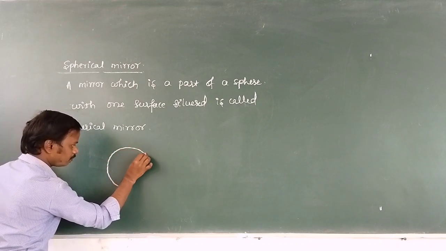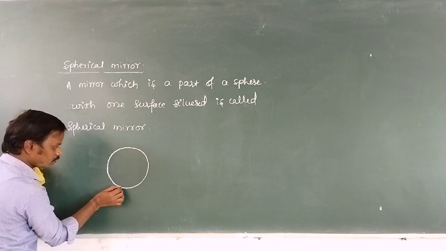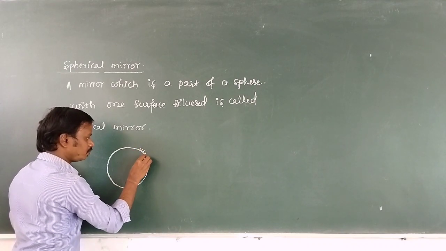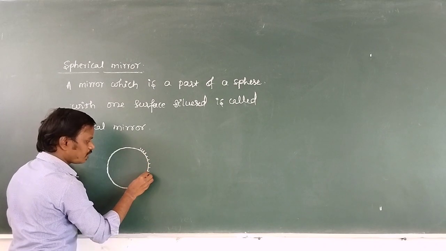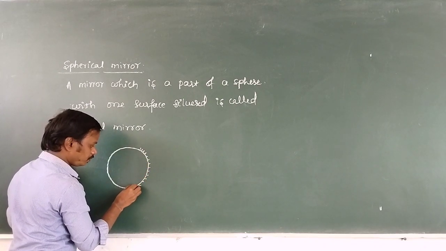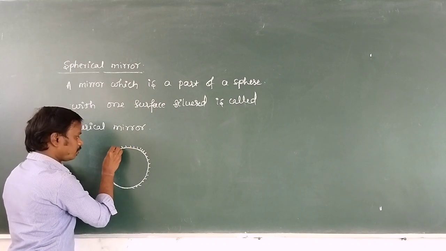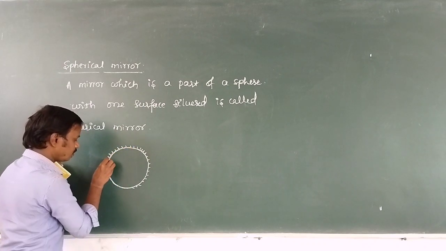This is a sphere. Then if outer surface is silvered, means one surface is silvered. It may be outer surface or inner surface.